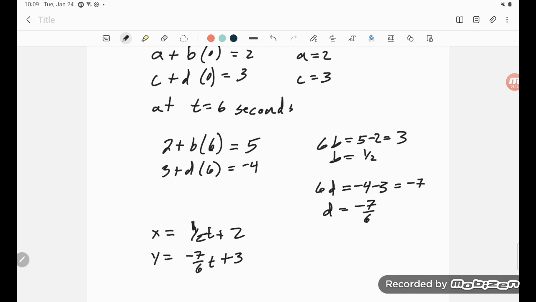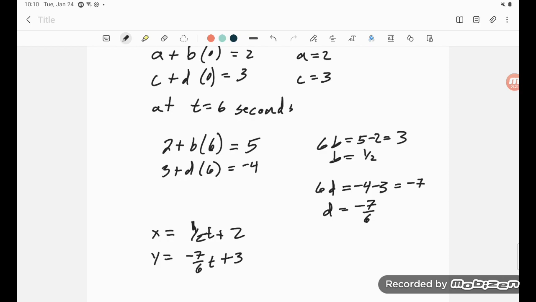And so there are our equations of motion. Let's see, and I guess that's all they ask us to do.